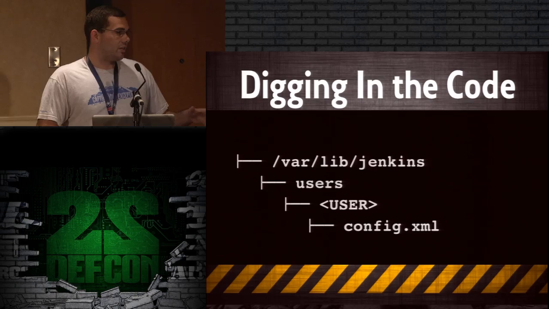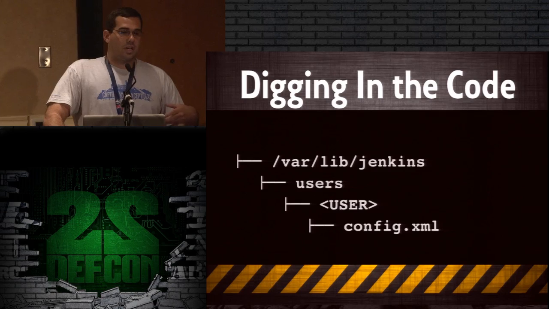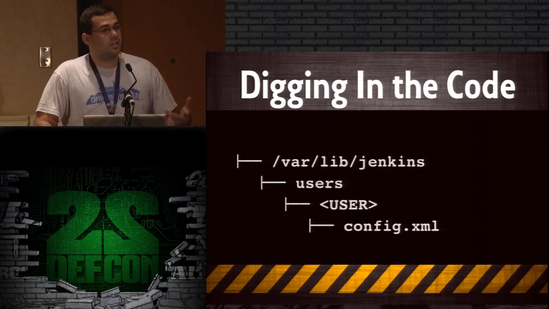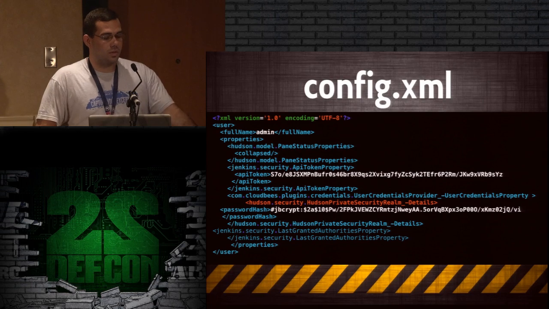Jenkins is widely configurable, so you might not run into this unless you use that exact authorization to replicate this. But I was curious about how Jenkins actually decided to manage its users, and it boils down to this file called config.xml. And here's what it looks like.